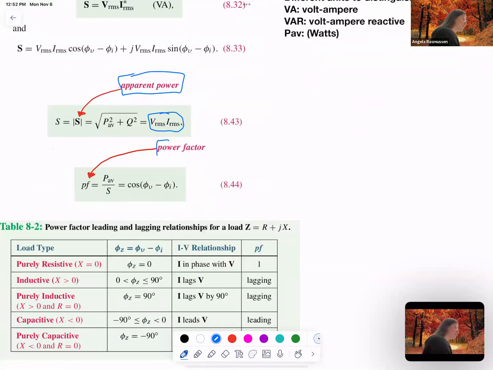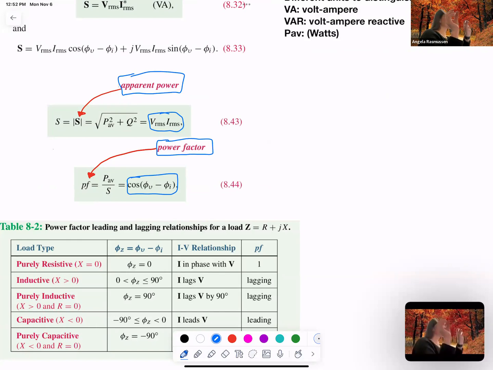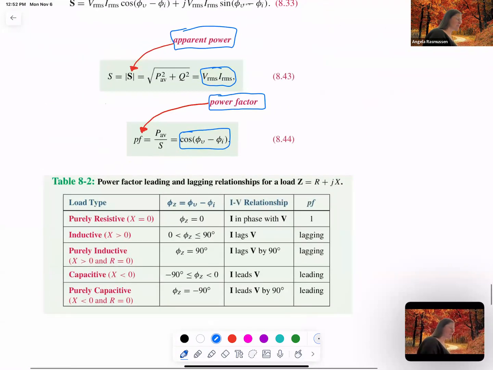We then also have this power factor, which is going to be the cosine of the angle from the voltage minus the angle of the current. Depending on that power factor, it's going to tell you if you only have a resistive network, it's 1.